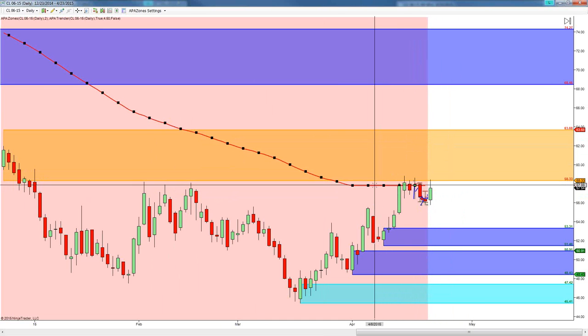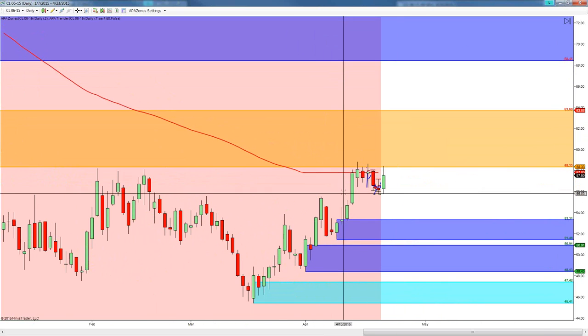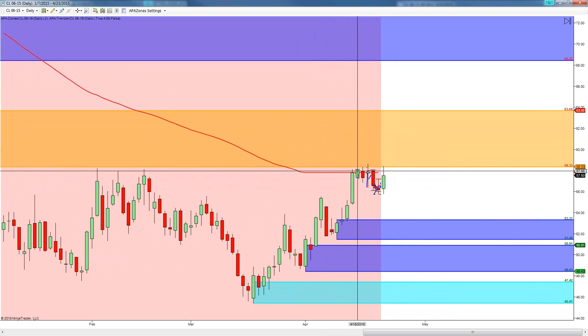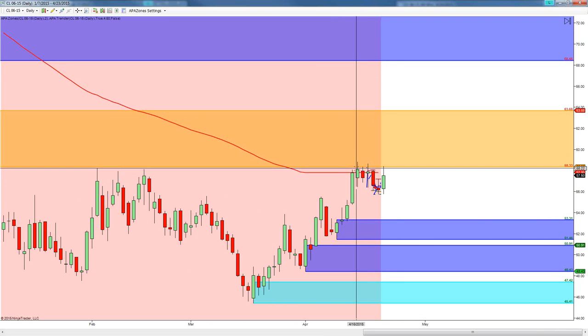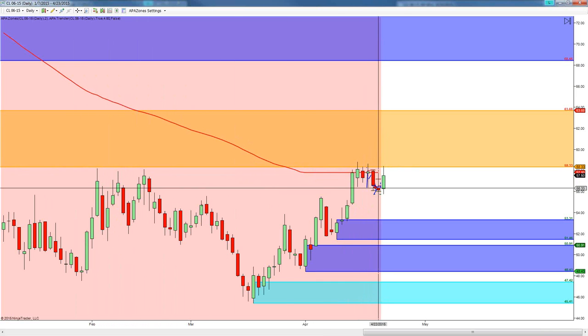Now, please also note that our trender, while it's been red for a long time, is starting to flatten out. Again, we're going flatline here. And we have not seen closes above these previous highs here, but they have come really close.